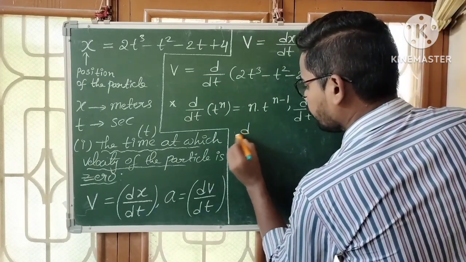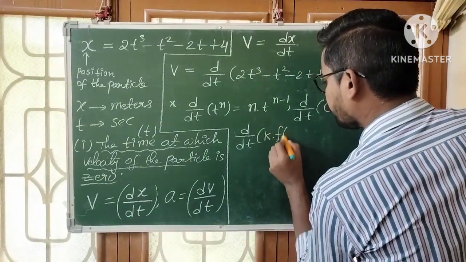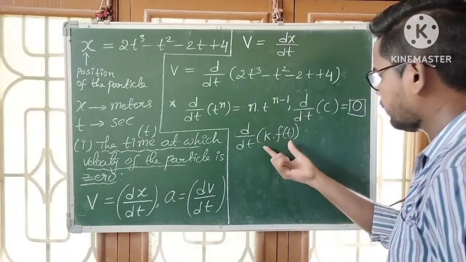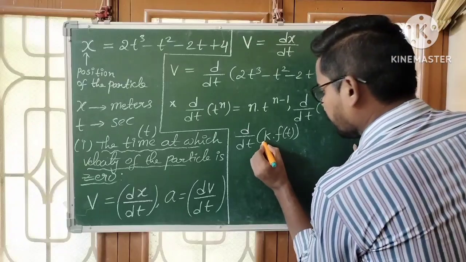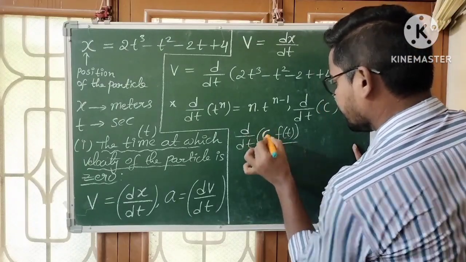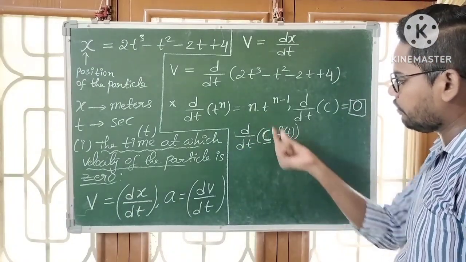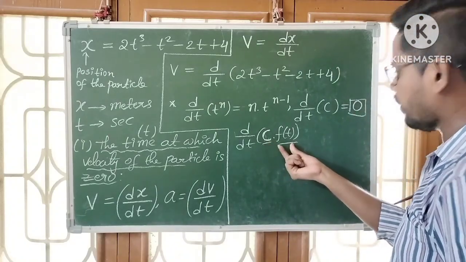Next, one more formula: d/dt of k times some f(t). This is the derivative of a product of a constant and a variable function.